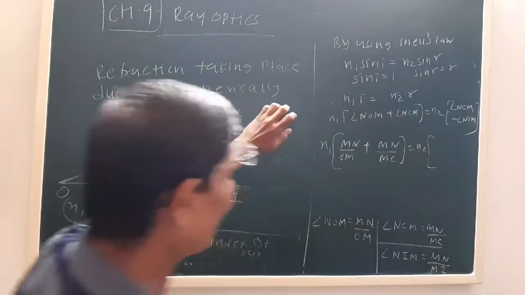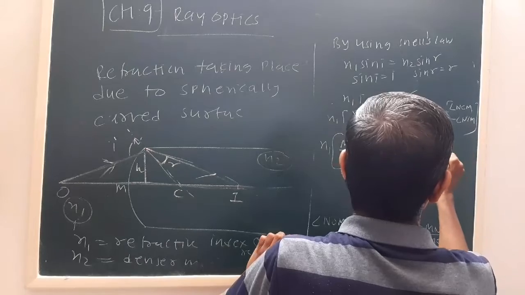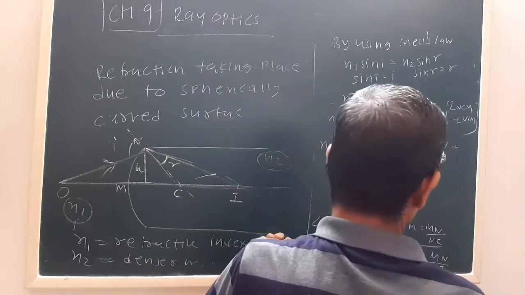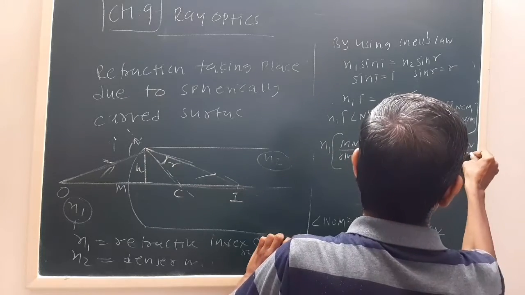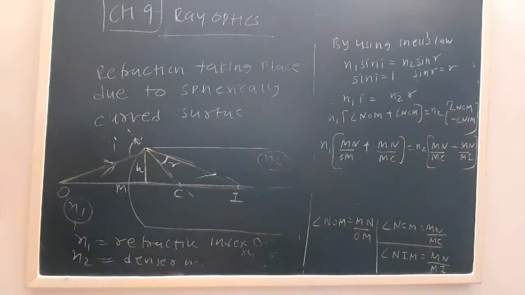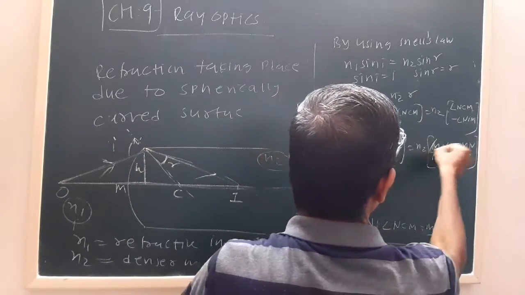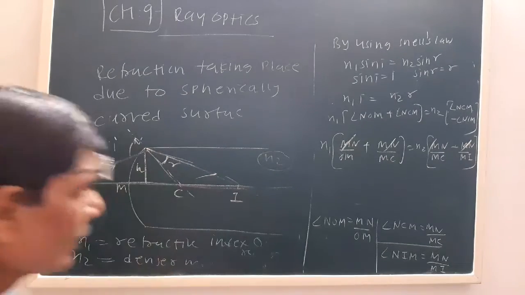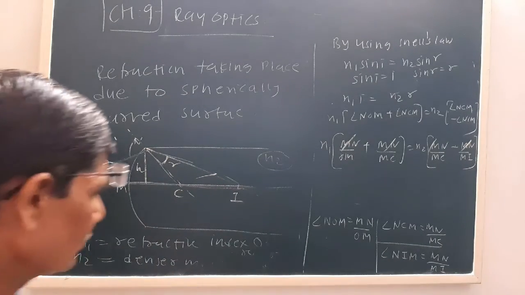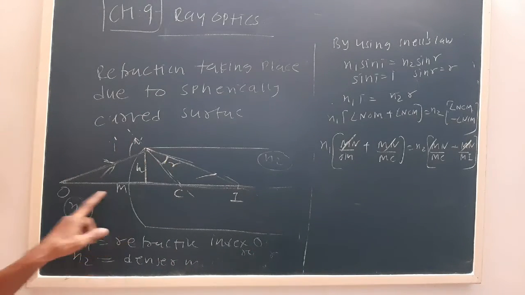N2, what is NCM again? MN upon MC minus, see, NIM is MN upon MI. Okay, now what we can see, MN is in the numerator of all four terms, so we can cancel it.